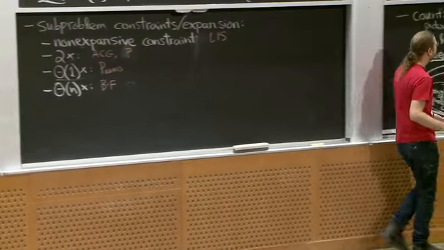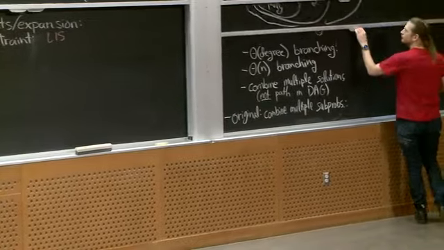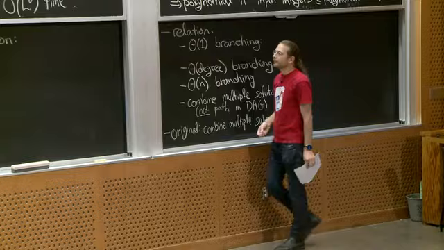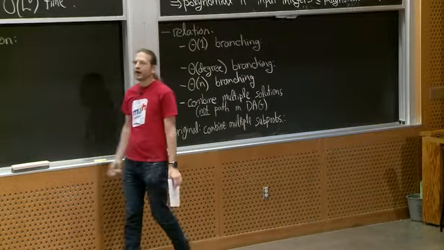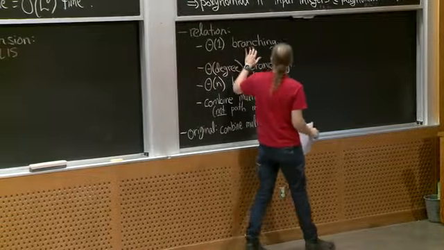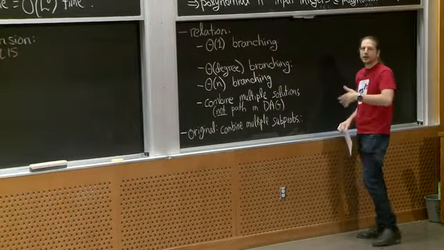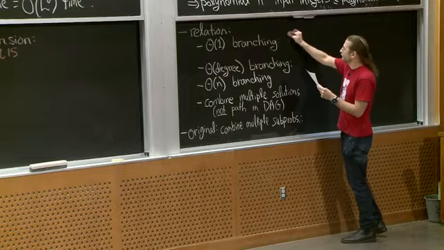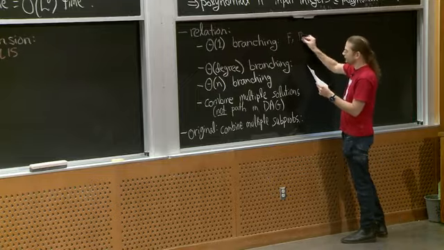OK, and finally, the other main feature we had is in the recurrence relation. In all these shortest path DAGs, how many incoming edges did we have? How many different branches did we have to consider and then combine in some way? So we saw a lot of examples with constant branching. Fibonacci, where there's the obvious two-way branching.